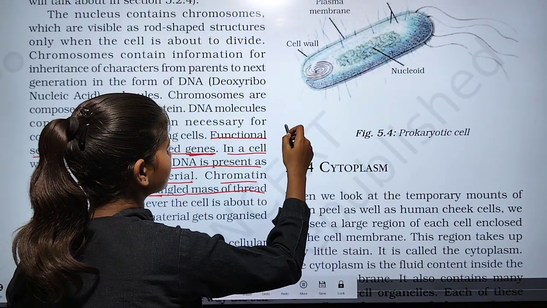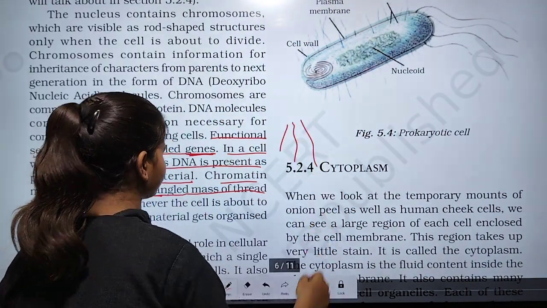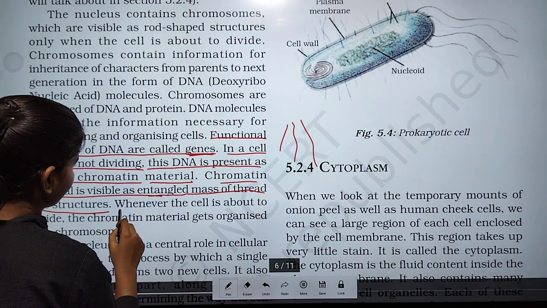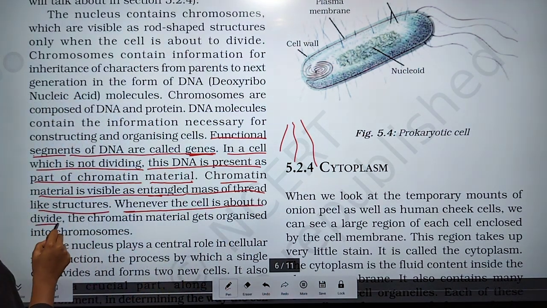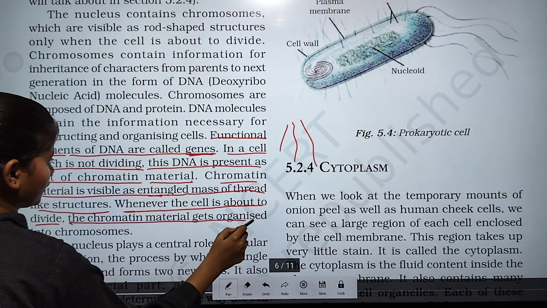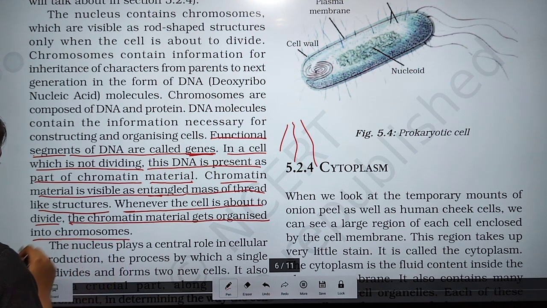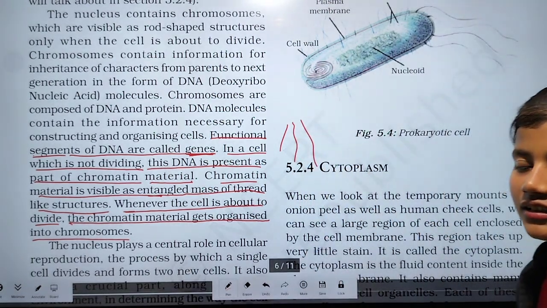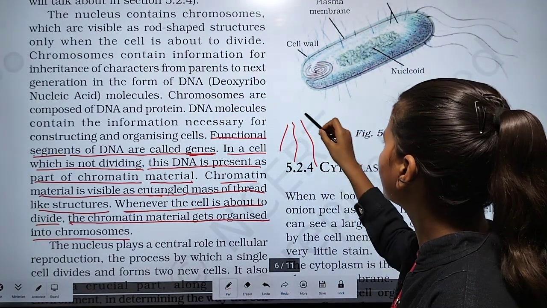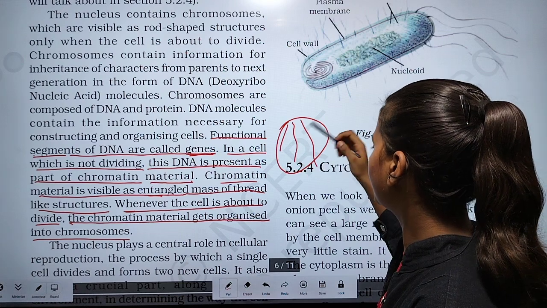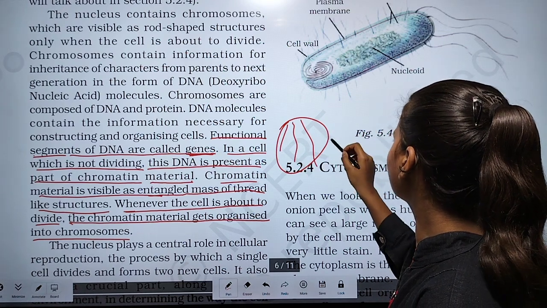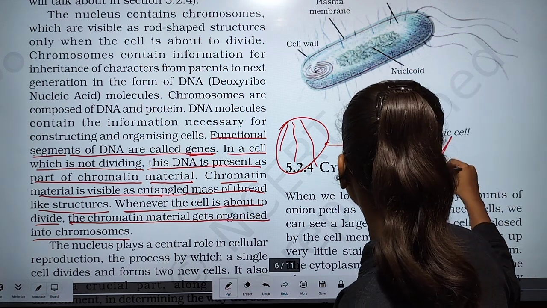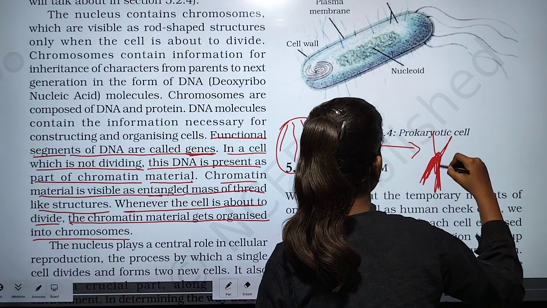It means chromatin is a thread-like structure. When the cell is about to divide, the chromatin material gets organized into chromosomes. This one is the chromosome.